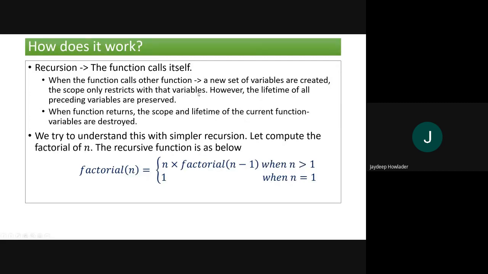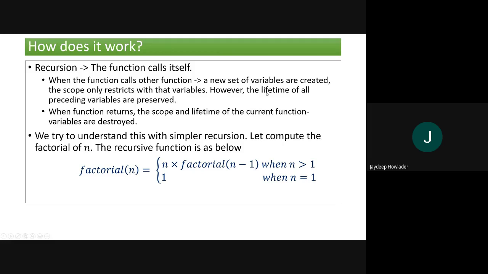So you are not able to access the previous n. You now have a new definition of n, with the value n minus 1. The previous call's visibility is not allowed to you, however the lifetime of the previous value remains in the memory.